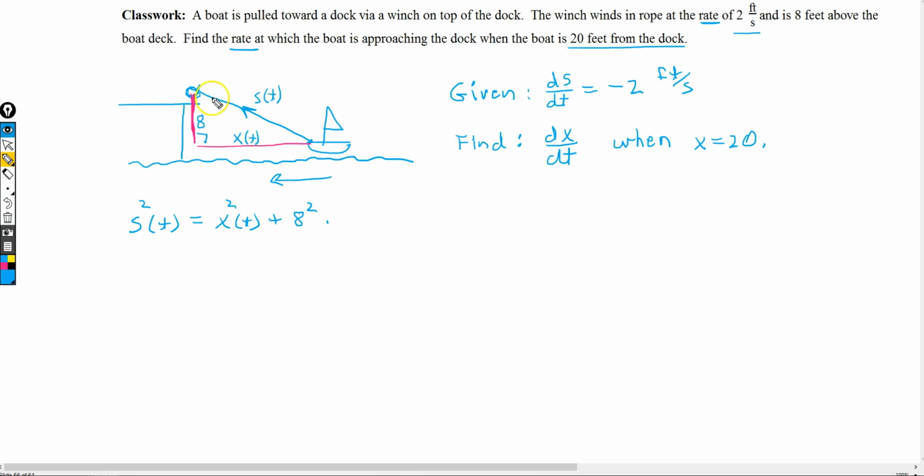x squared plus 8 squared equals s squared. Now we have to differentiate this with respect to time t.